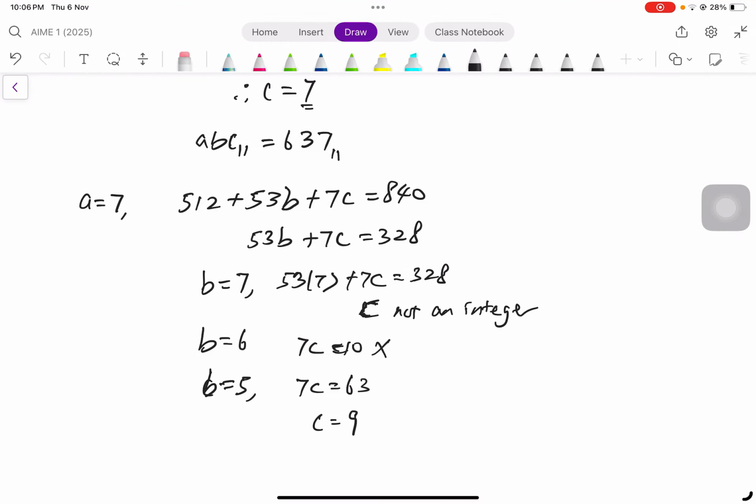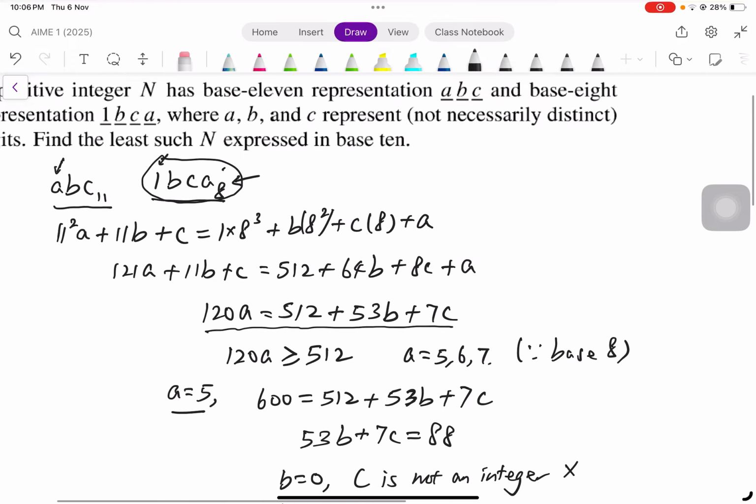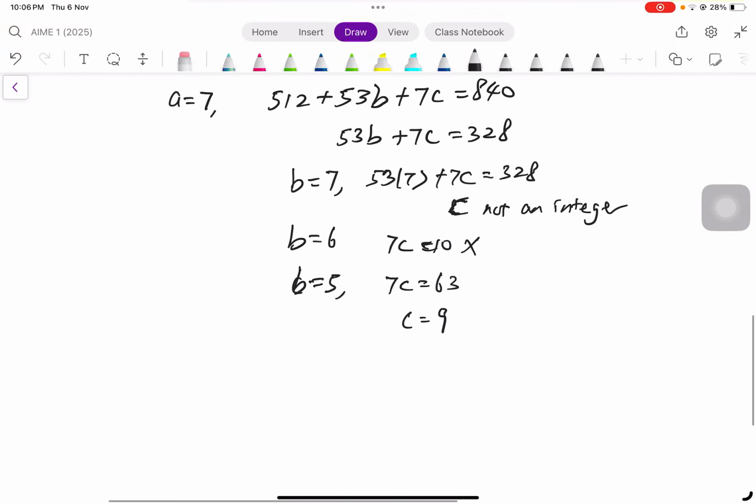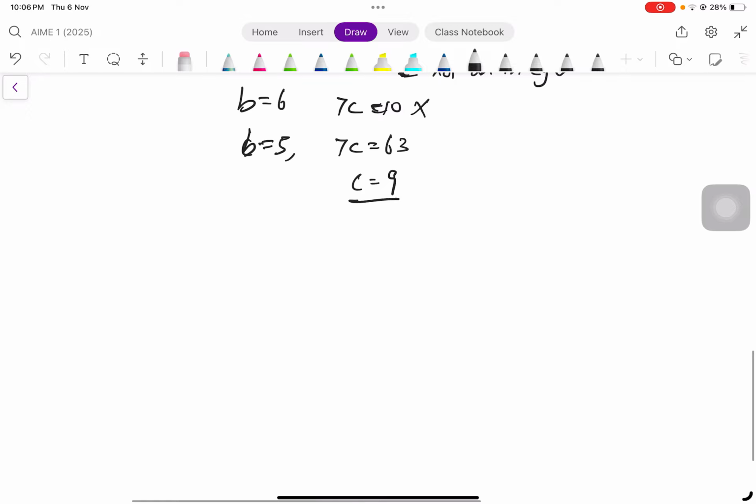But c is a base 8 digit, so how can a base 8 digit exceed 8? Therefore this is also not possible.